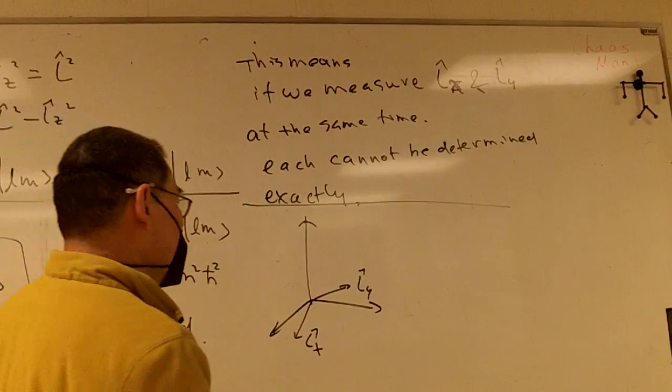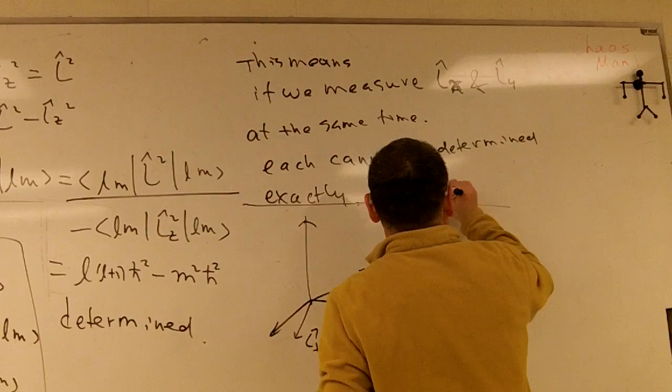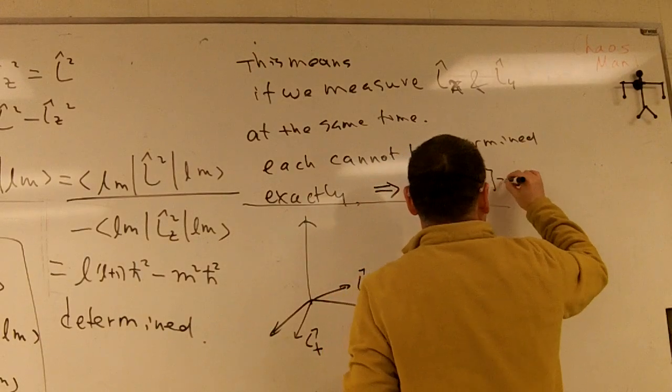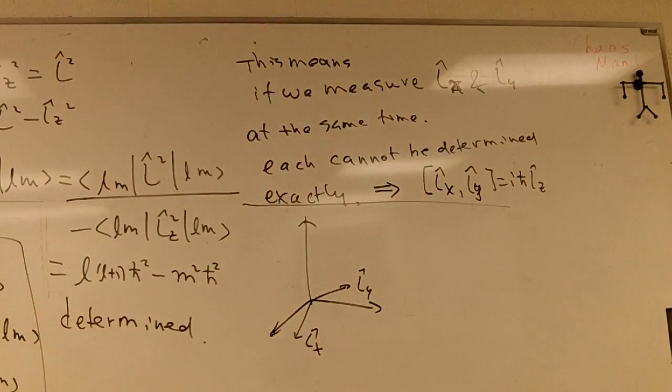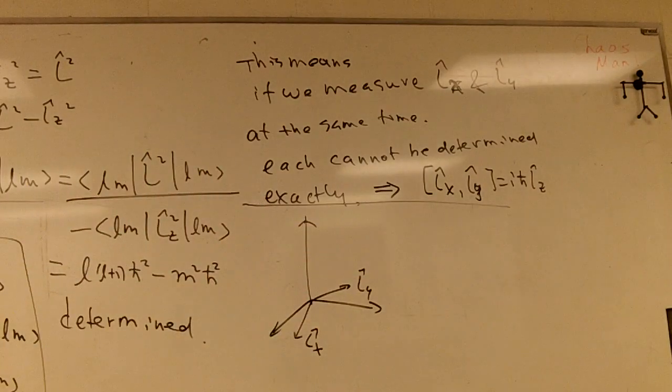This is due to the uncertainty principle. The more fundamental reason is the following, because the commutator of L_x hat and L_y hat equals i h bar L_z hat. And this is what we want to remember. The fundamental reason is because there is an uncertainty relation.